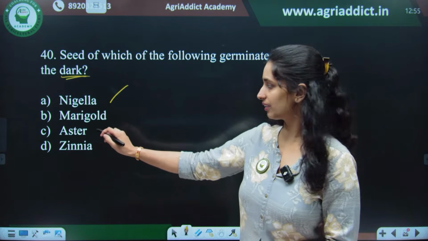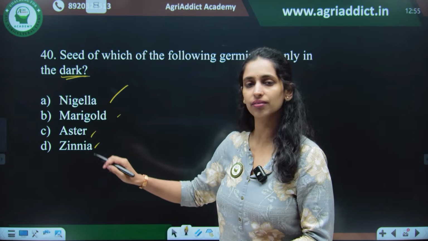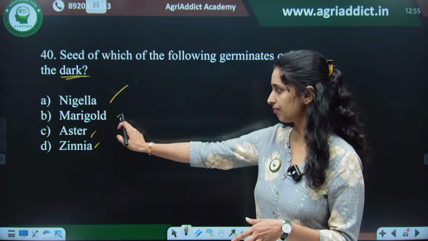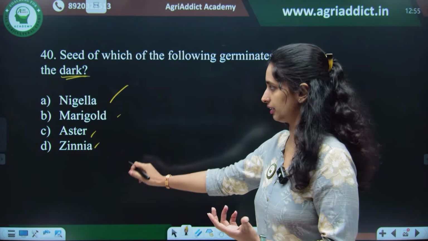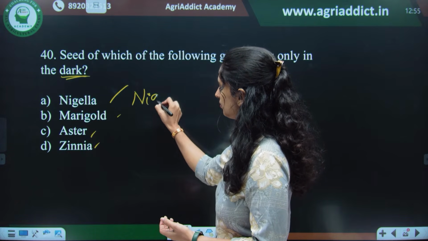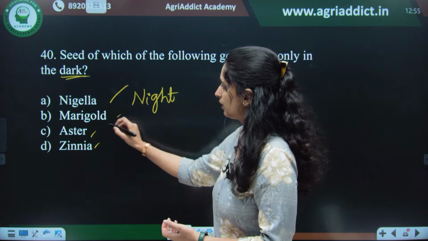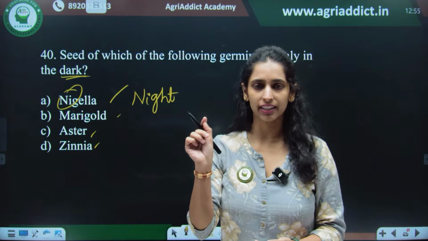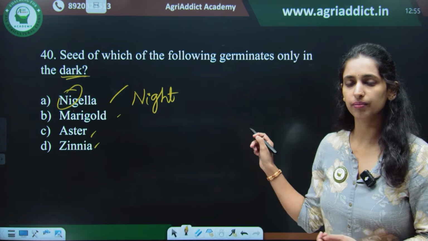You remember all marigold, asters, zinnia, हम ही उगाते हैं ना डे टाइम. It's normal, it can be grown in light conditions. Nigella, you remember Nigella say night. It only germinates during the night. Nigella, night. It will have black seeds and purple, blue flowers.